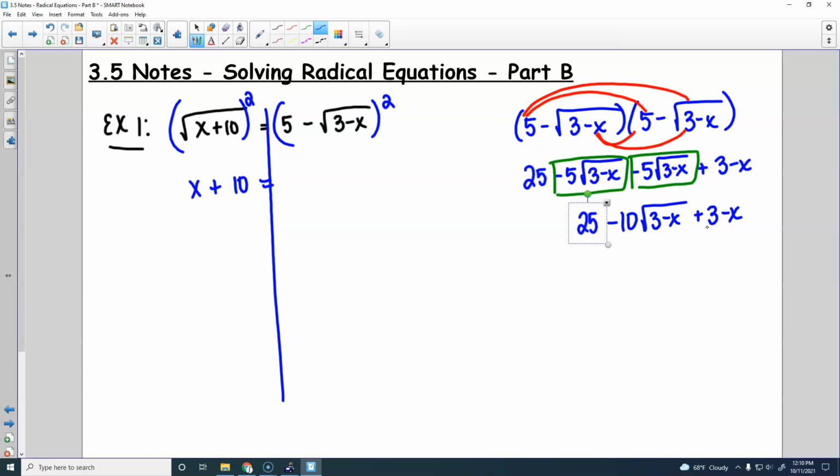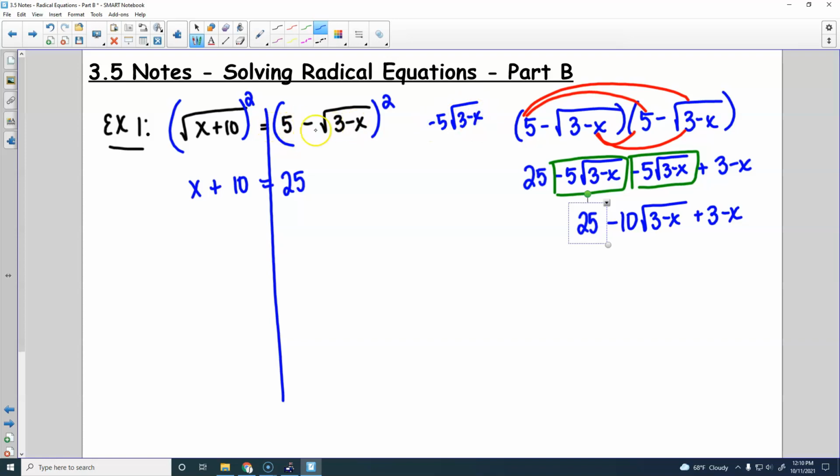So if you need to, over to the side, write that out and multiply those together. But I also just use a square, double square here whenever I'm doing this. So it's the same as we've been doing with the more simple ones. 5 squared is 25. If I multiply these two together, it would give me negative 5 square root of 3 minus x.